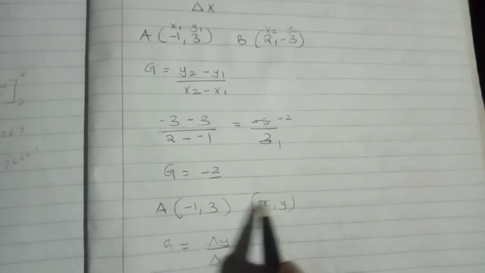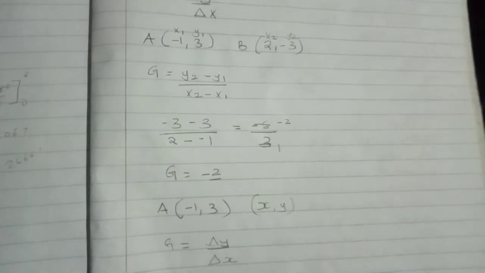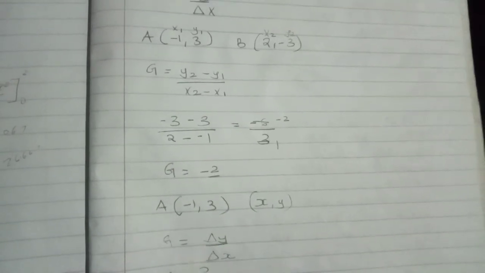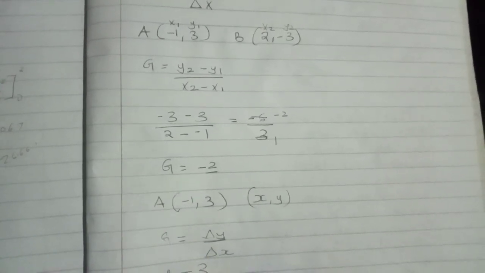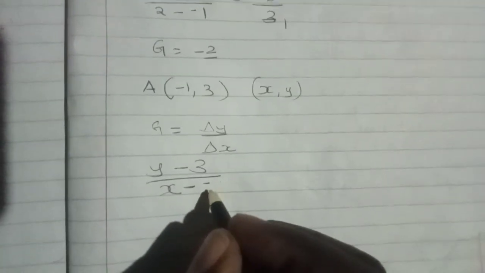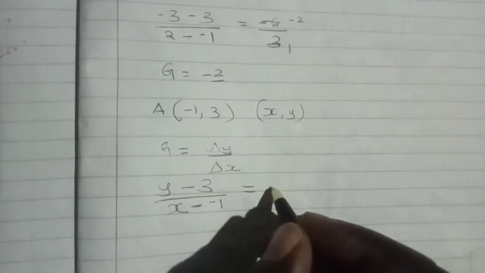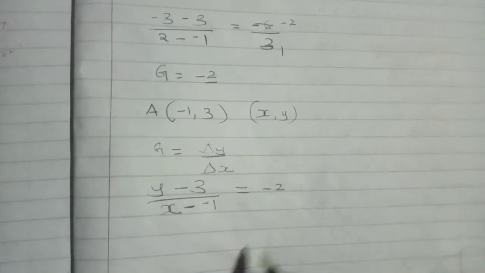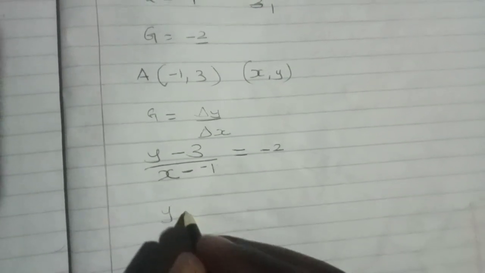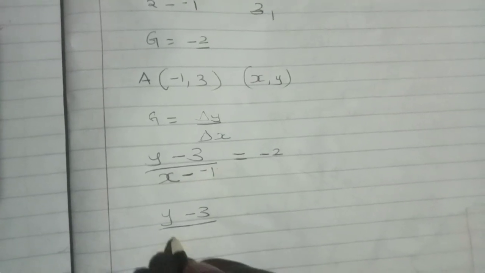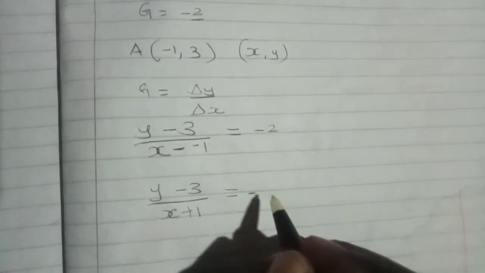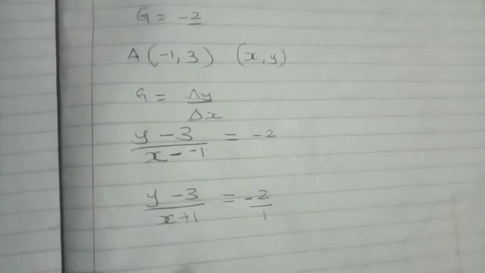So getting the gradient of these two points, that is going to be y minus 3 all over x minus -1, equal to our gradient, which was -2. So this is y minus 3 all over x plus 1 will be equal to -2 all over 1.